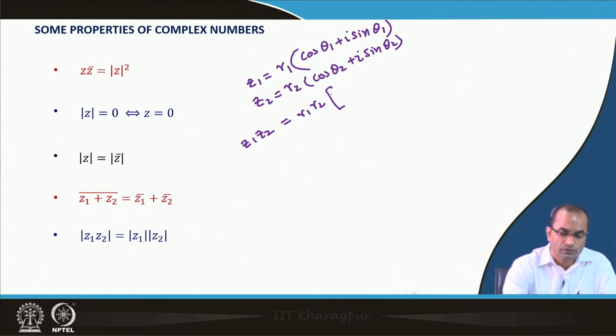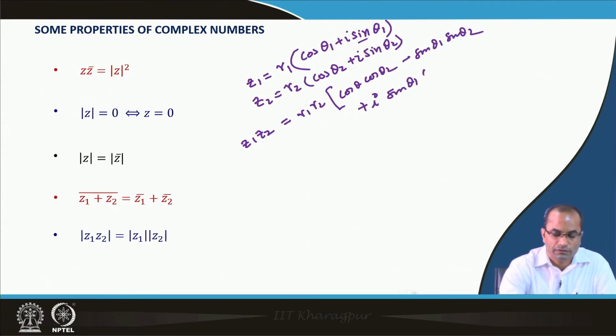So that will be cos theta 1 cos theta 2, and all real I will consider first, so this I squared will be minus: minus sin theta 1 sin theta 2 will be there. Then with the I we have sin theta 1 cos theta 2, plus cos theta 1 sin theta 2.